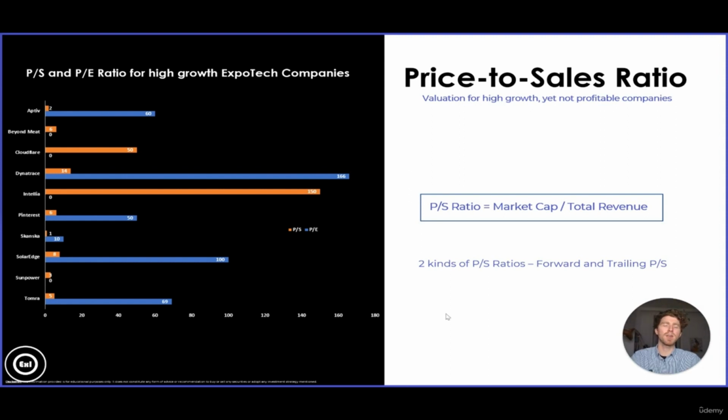So this is a very interesting and very important ratio for you to apply as an expo-tech investor, because oftentimes in these areas companies are not yet profitable, but high growth and very fast growing. And there you can apply the P/S ratio to really come up with your own decision on whether it's worth investing in certain companies.